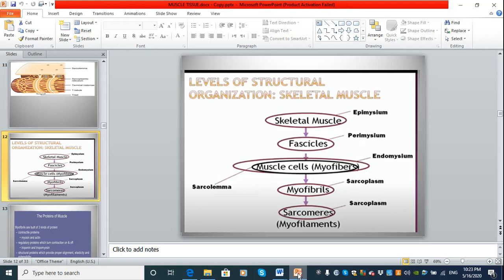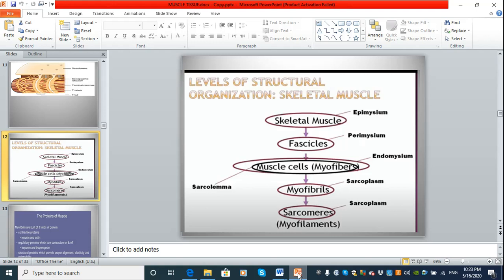Then each fascicle is made of muscle cells or myofibers, and because the cells are surrounded by sarcolemma, there is endomysium. Then the muscle cell is made of myofibrils inside the cytoplasm, which we call sarcoplasm. And then we have sarcomeres, which are also inside the myofilament and sarcoplasm. This is from top to bottom.